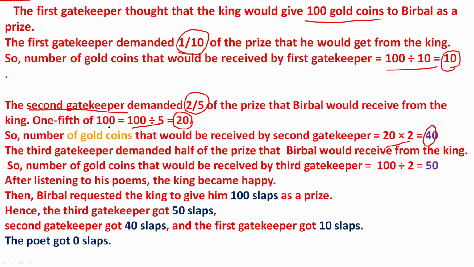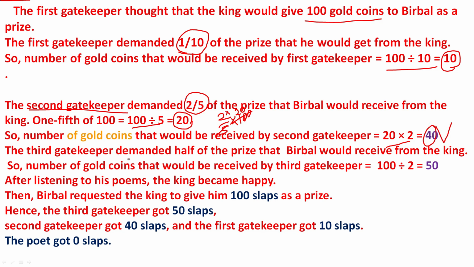Or we can do directly 2/5 of 100. 1/5 is 20, 5 twenties are 100, so 20 into 2 is equal to 40. This answer you will get.